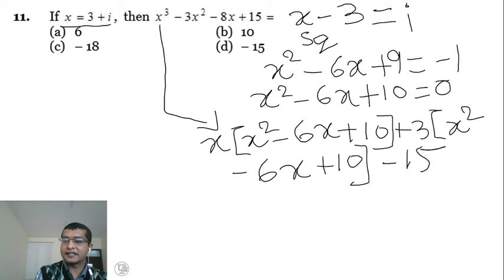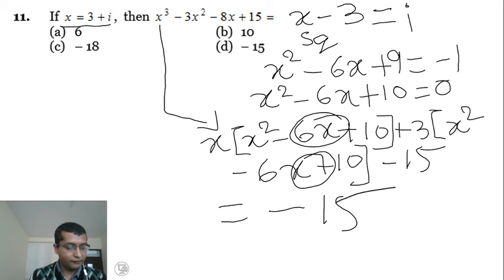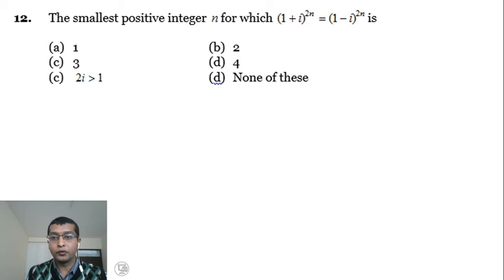But x square minus 6x plus 10 is 0, so this part will become 0 as well as this part will become 0, so we are left with minus 15. Therefore option D is the right answer. Option D is the right answer, right? So we'll move to our next example.